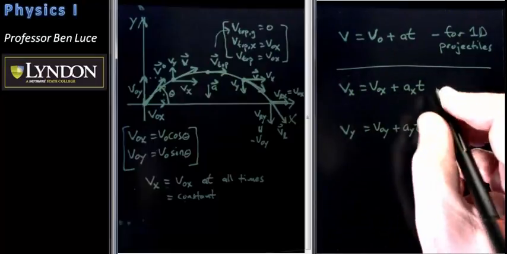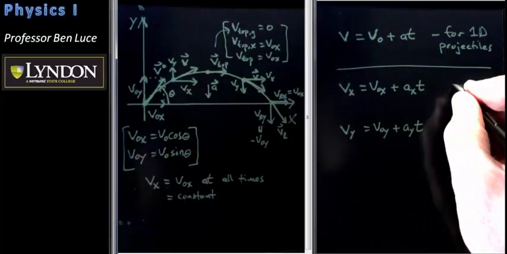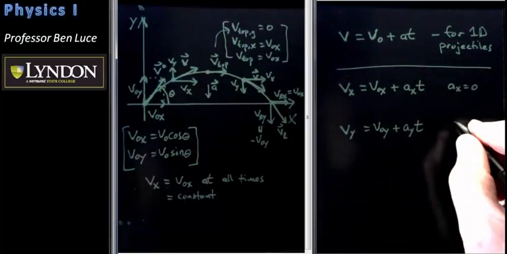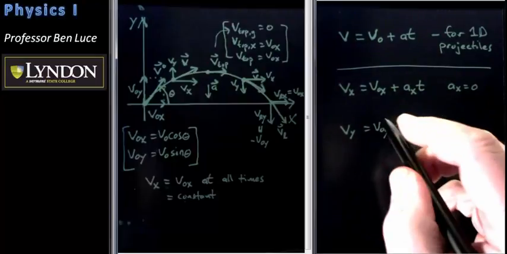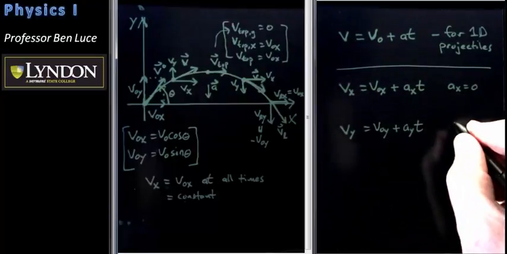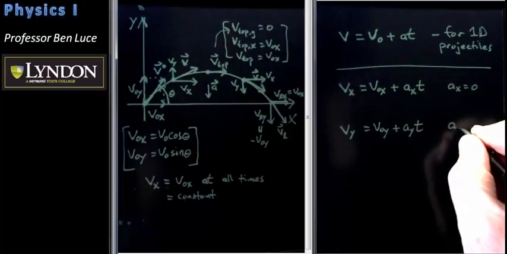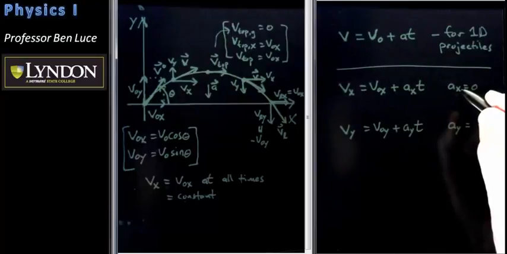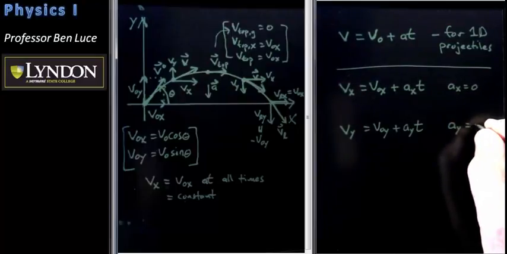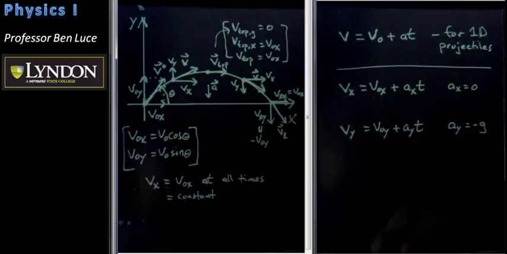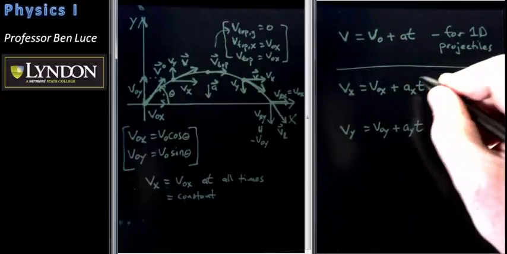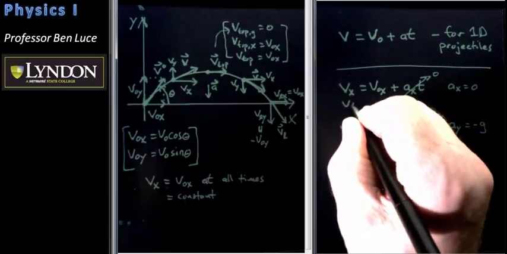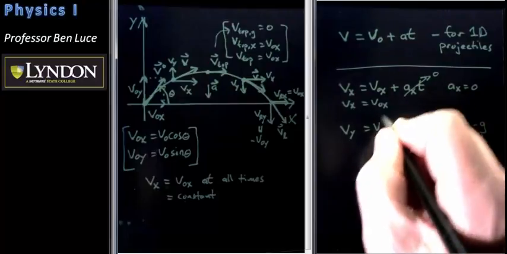All right, next, we now note that in fact the acceleration is only in the y direction, and since we have pointed our coordinate system upwards so far, then the way we represent this is by setting the x component of the acceleration to 0 and the y component to minus g. So this term disappears, and we simply have vx equals v naught x.